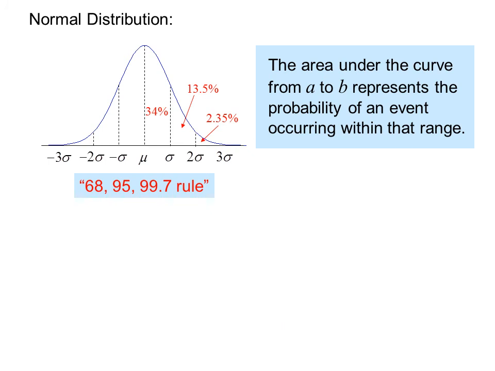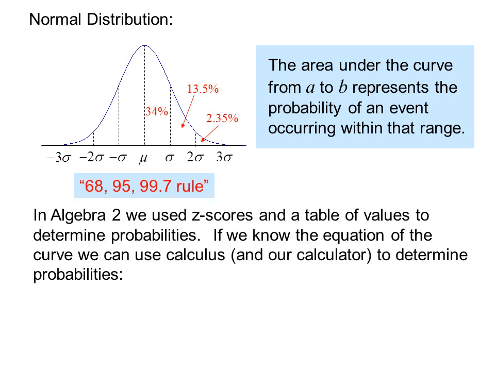The area under the curve from A to B represents the probability of an event occurring within that range. In Algebra 2, we used z-scores and a table of values to determine probabilities. If we know the equation of the curve, we can use calculus and our calculator to determine probabilities.